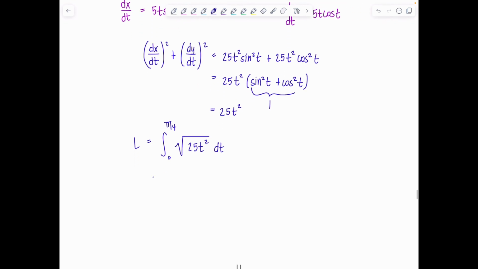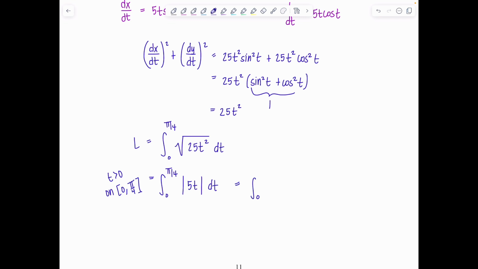Technically, when you take square root of 25t squared, it's absolute value of 5t. But look at the limits of integration, 0 to pi over 4, t is positive there. So we don't need the absolute value bars. I would just say something like t is positive on 0 to pi over 4 before I drop them.